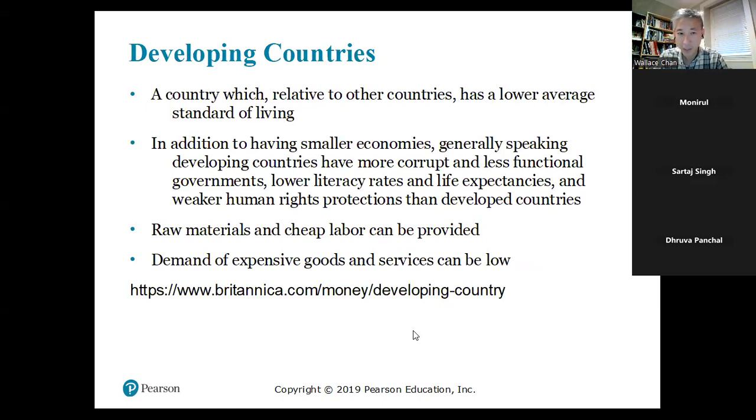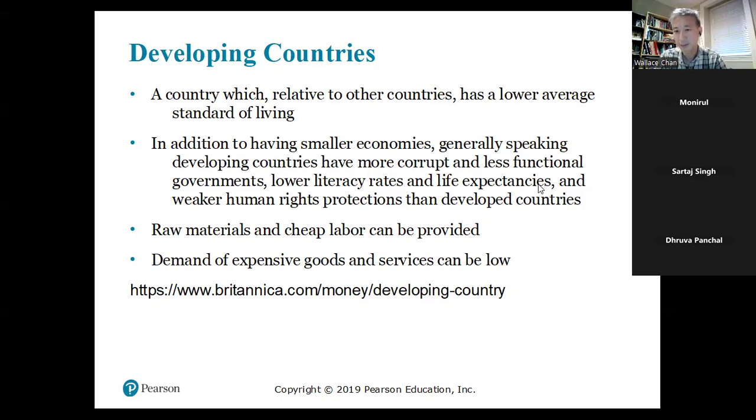Now, the developing countries have a lower average standard of living. In addition to having smaller economies, developing countries tend to be not as well established regarding the legal system. Education level of people may not be that high, and we are also talking about lower literacy rates, meaning the percentage of people who can read may not be very high.